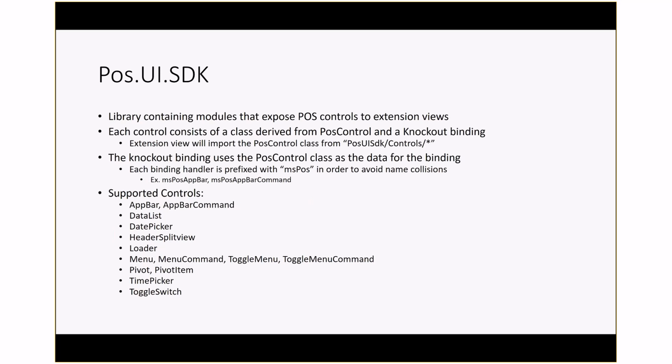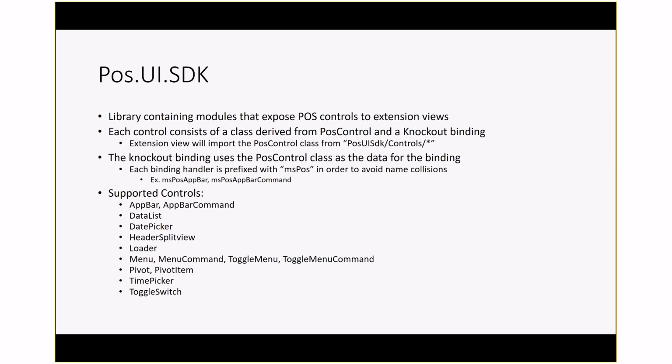So the way that this works is each control consists of a class in the UI SDK that derives from the POS control base class, and then it also has a corresponding knockout binding. These controls will be imported from POS UI SDK controls, and then the control name is the module as well.